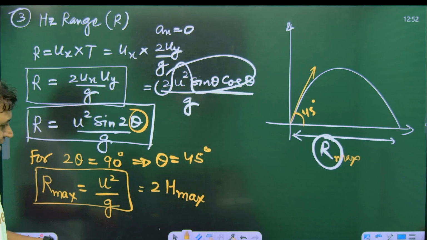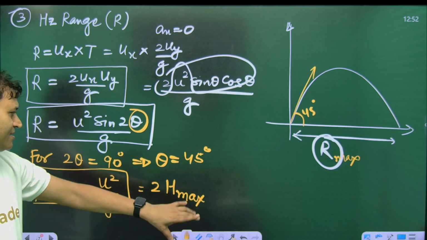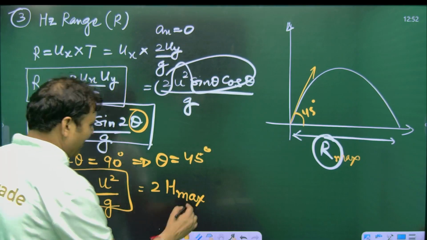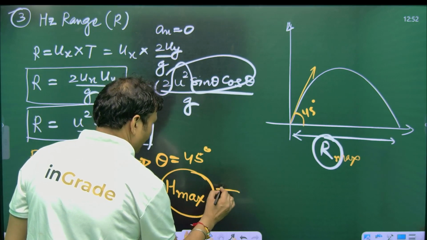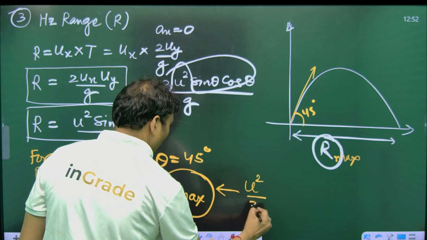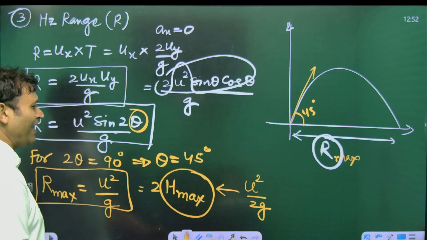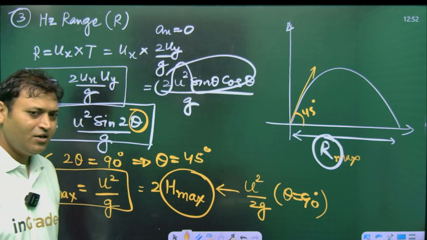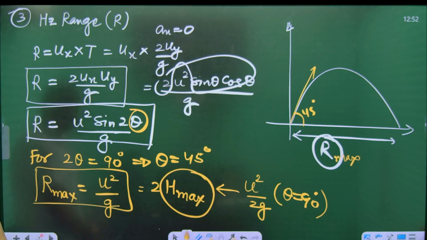Maximum height can be maximized by throwing the particle in the vertical upward direction, because h max will be equal to U square by 2g when theta is equal to 90 degrees. So range will be twice of h maximum.